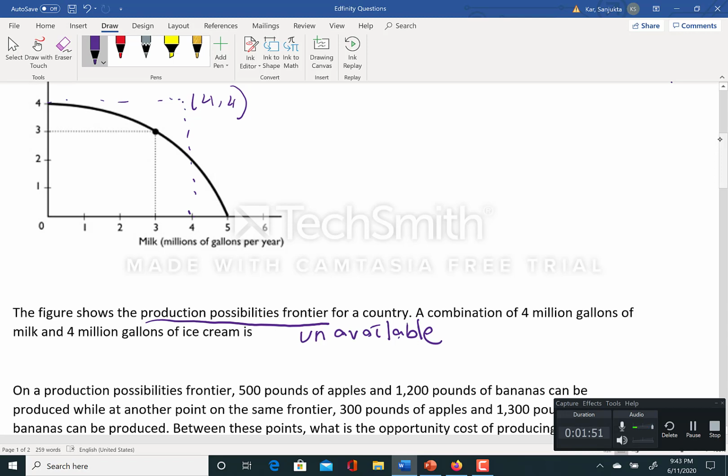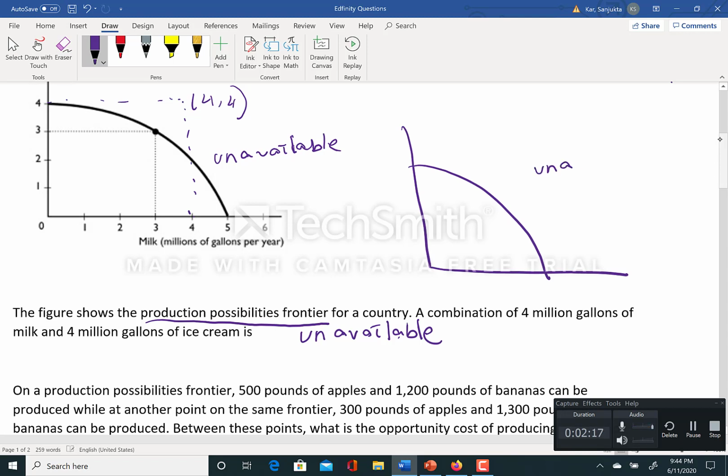anything outside the production possibility frontier is unavailable. Anything inside is available and inefficient. Anything on it is efficient and available. So to state this again, if I look at a combination which is outside the PPF, or production possibility frontier, this is going to be unavailable.